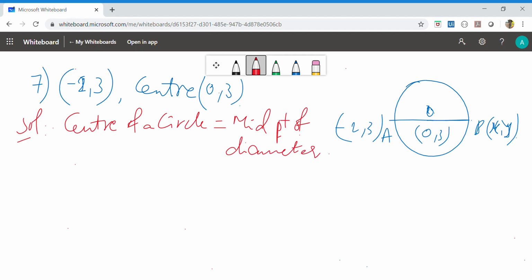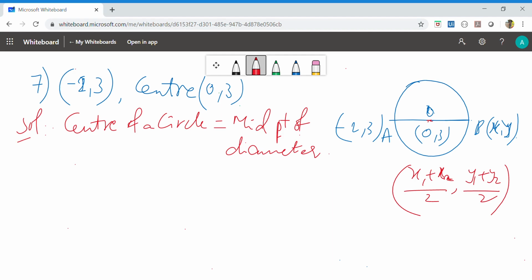So what is the midpoint formula? (x1 + x2)/2 and (y1 + y2)/2 is the midpoint of the line joining two points. That means the center becomes the midpoint of the diameter.